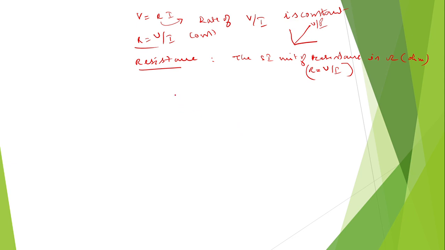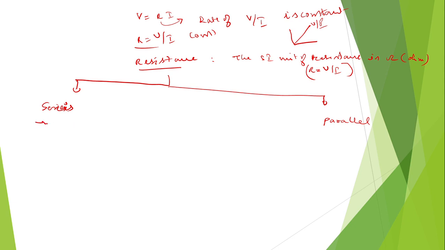Now resistance came into the picture. What do we have to do? Resistance may be connected in series or parallel. Series means you take two resistances and connect them in series, R1, R2.